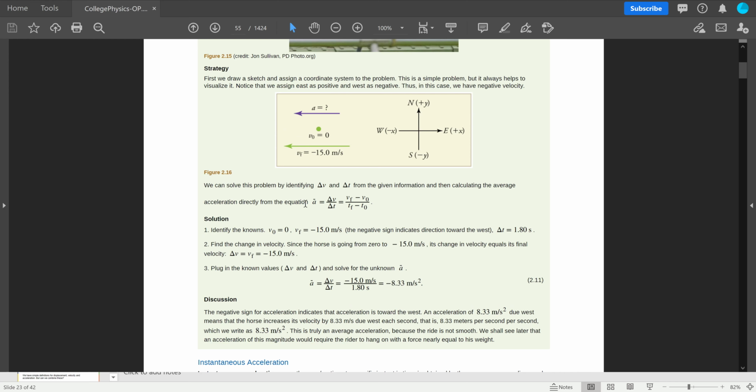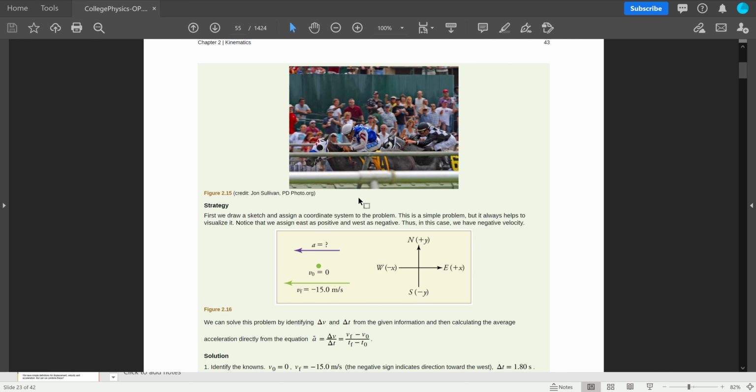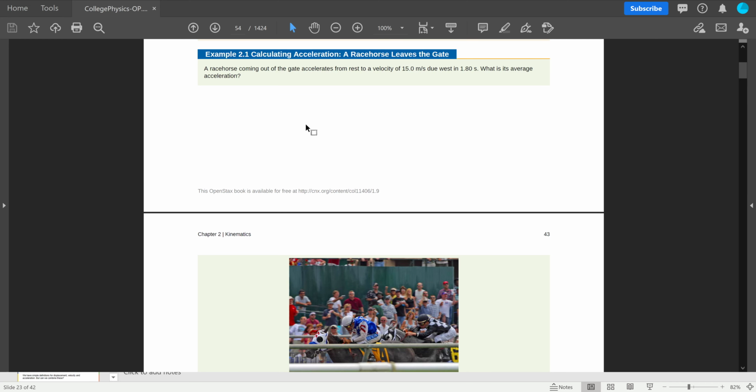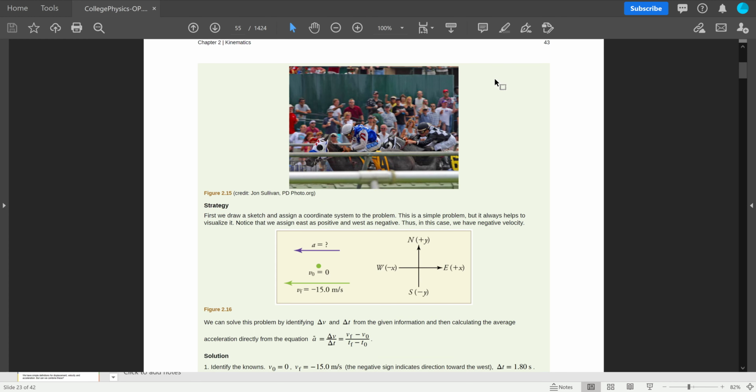And we just discussed that this is the equation for acceleration. So based off the problem, from rest, we know our initial velocity is 0, to about 15 meters per second. So that's our final velocity due west. That's important because we have to get down a direction. And in about 1.8 seconds, so here is our time. And we're looking for average acceleration.